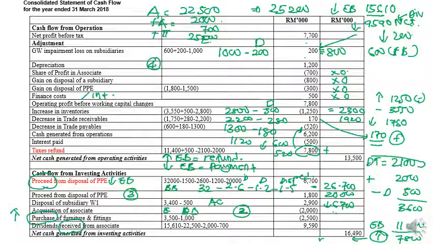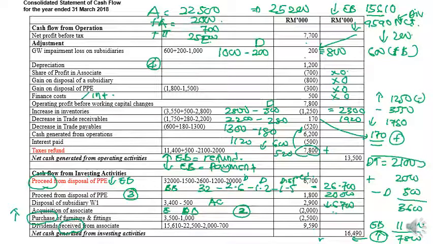And then we move to the investing. So for investing activities here, look at your PPE. The first item that you have here is your PPE. Okay, PPE here, 32 is your beginning balance. Okay, we're going to have beginning balance 32.